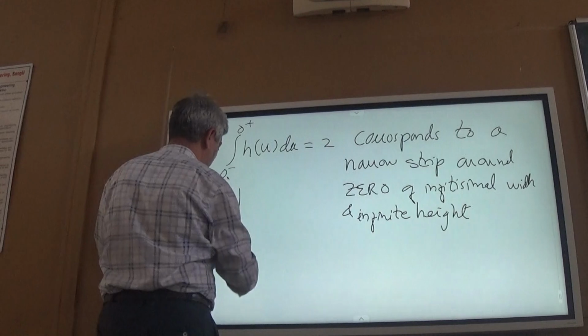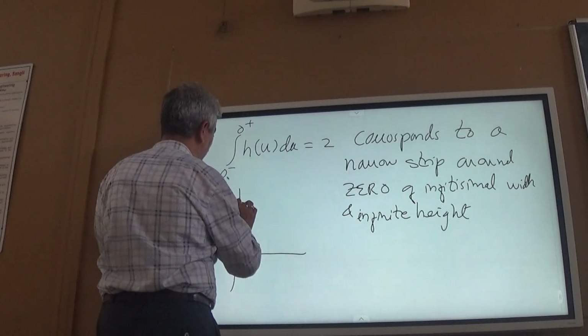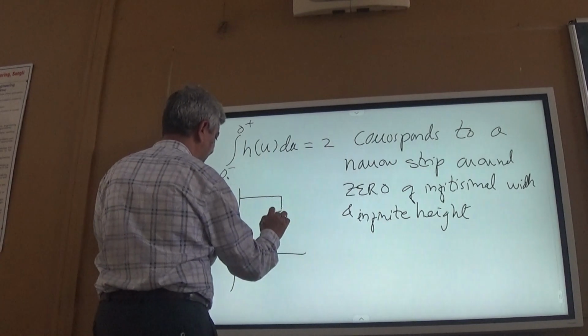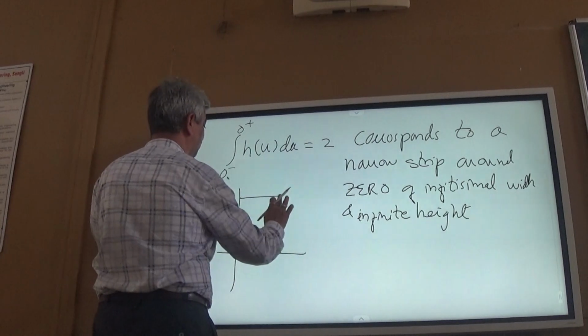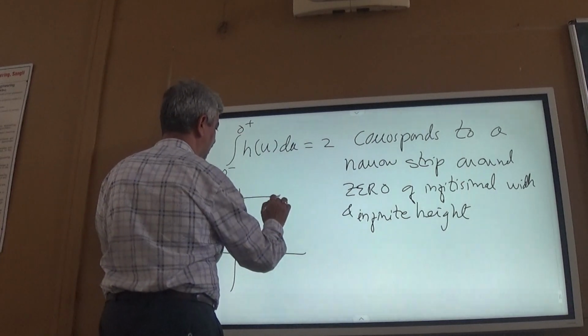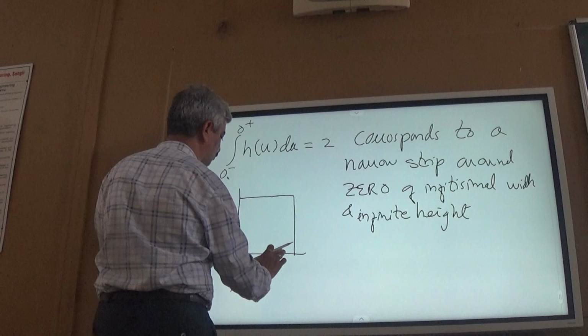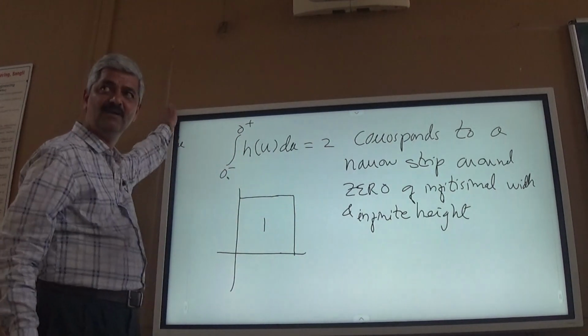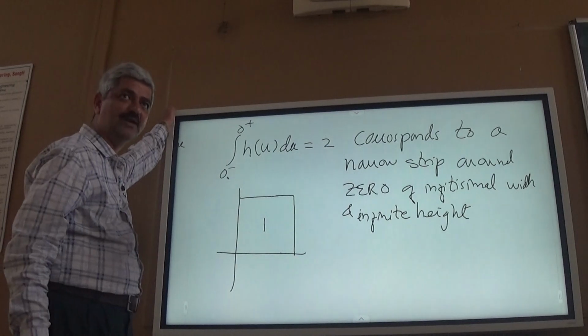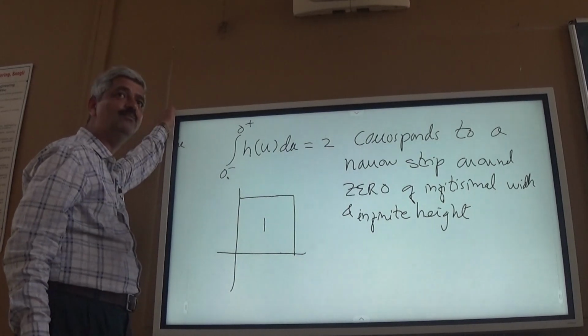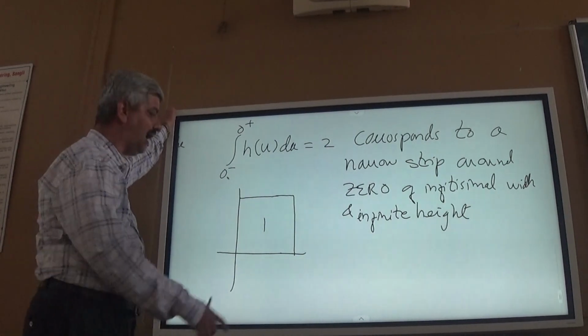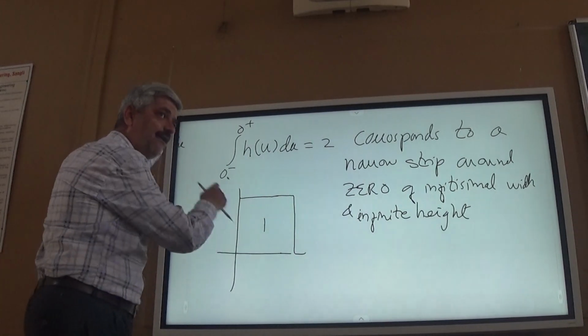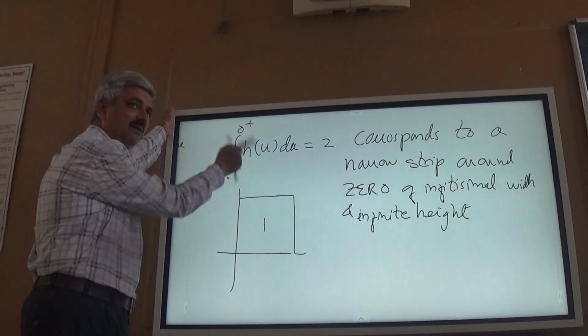Listen very carefully. I start with a square of area 1. And then what do I do? Each time I reduce its width by half and double the height.